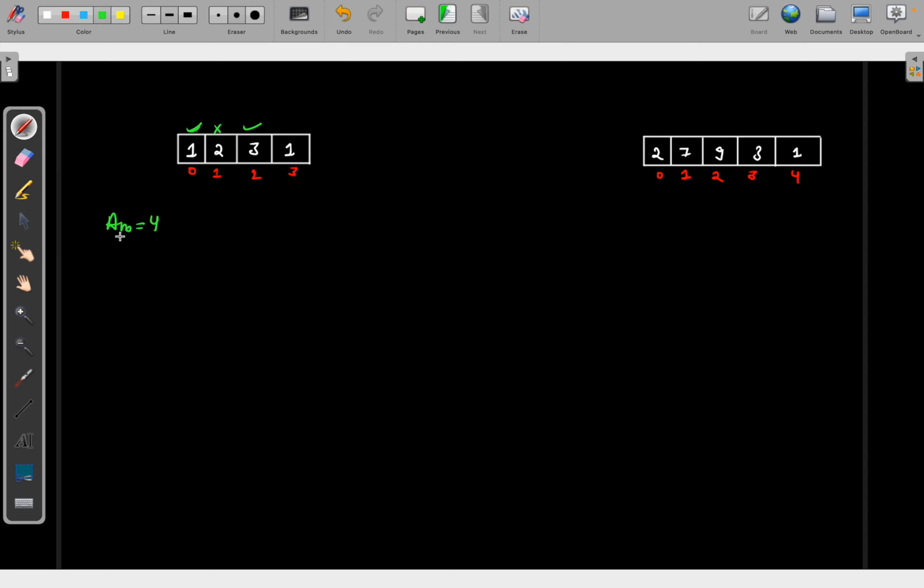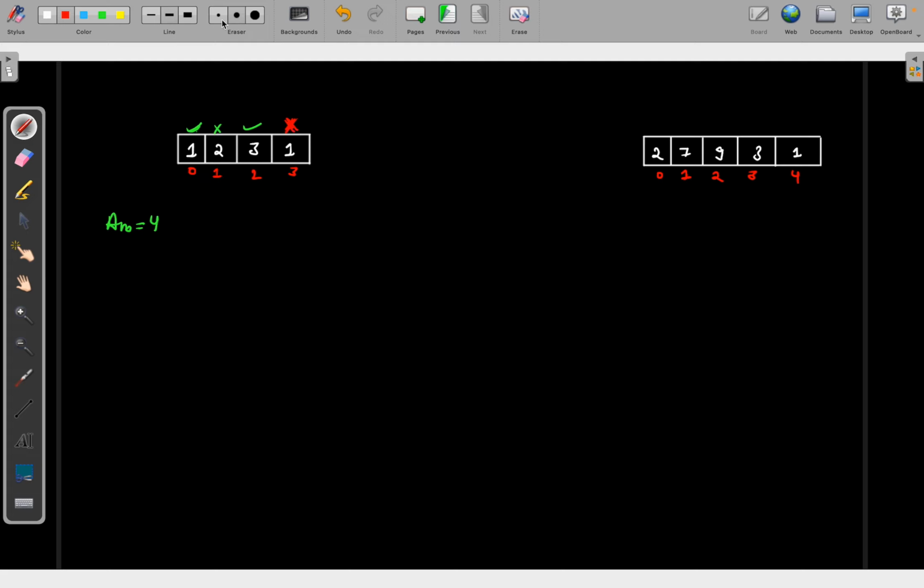Basically, why are we able to rob here? Because the last one is not adjacent to the first one, even though these are in a circle. So we simply ignored this one, right? We simply ignored this one.